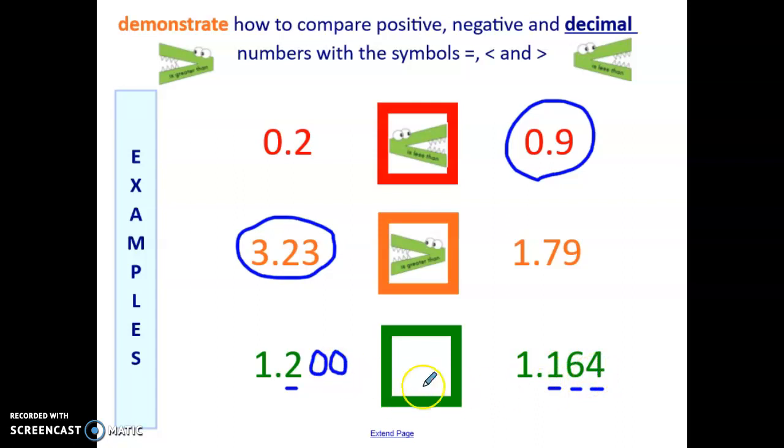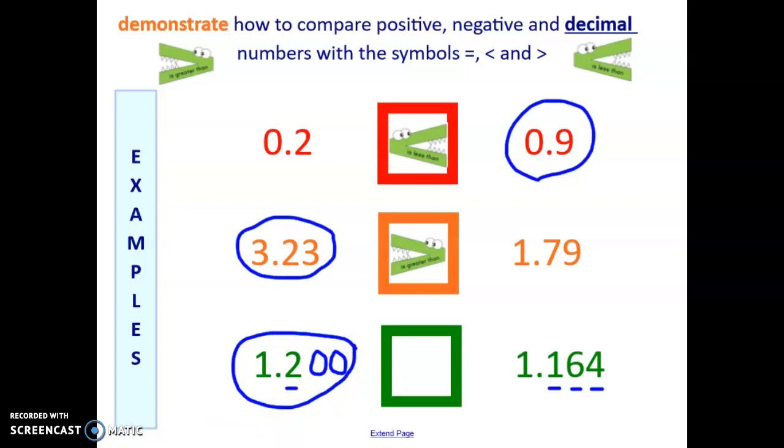So now they're equivalent in terms of their length. Which one is bigger? Which number is larger? Is it the 1.200 or the 1.164? Can you tell your screen? Yes, it's 1.200.